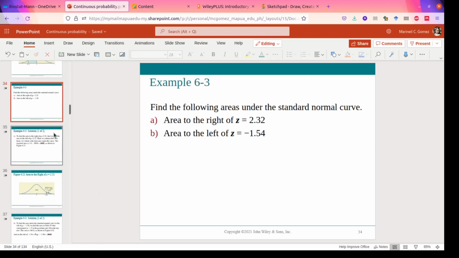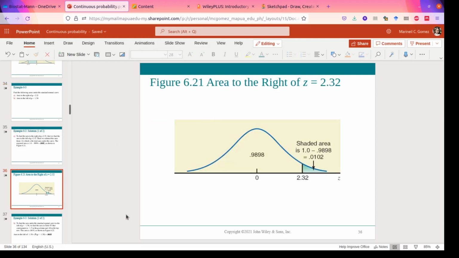What's the area to the right of 2.32 and another from the area to the left of 1.54? So let's look first at the area to the right of 2.32. So here is your 2.32 and we are looking at the area to the right.